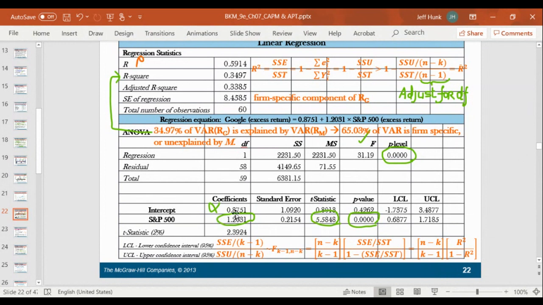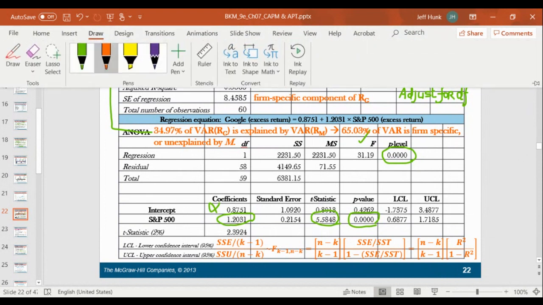Since this is a simple bivariate regression, meaning we have only one explanatory variable, S&P 500, the coefficient of S&P 500 is beta, right?